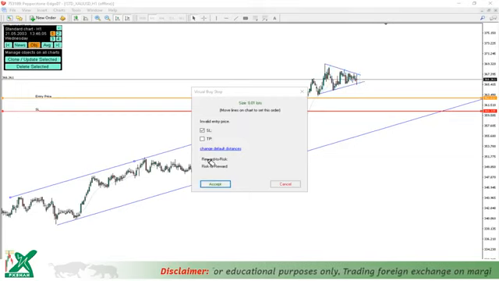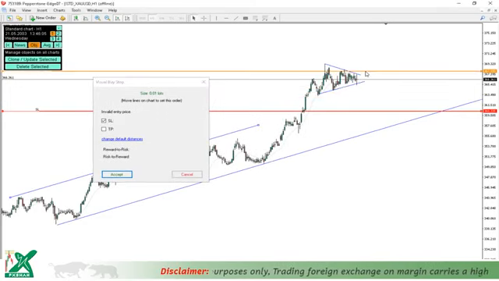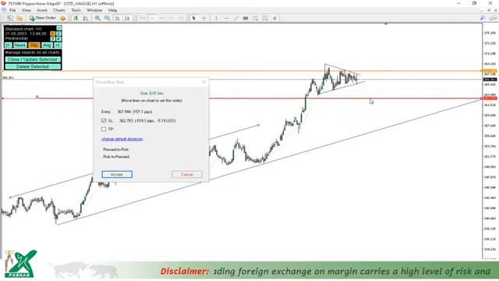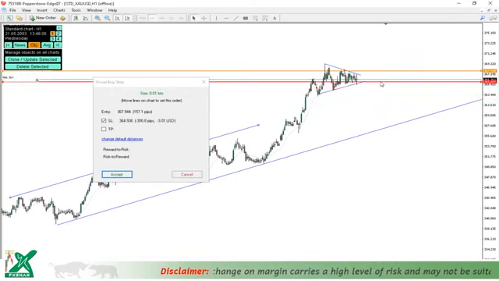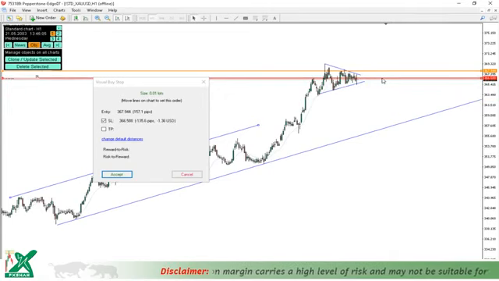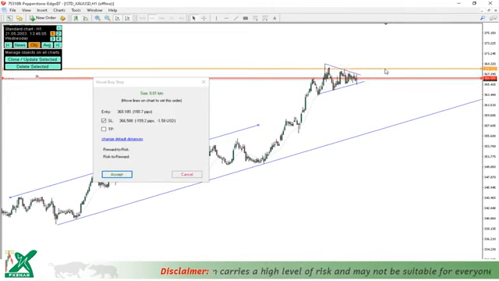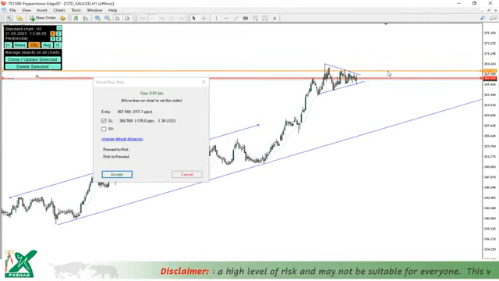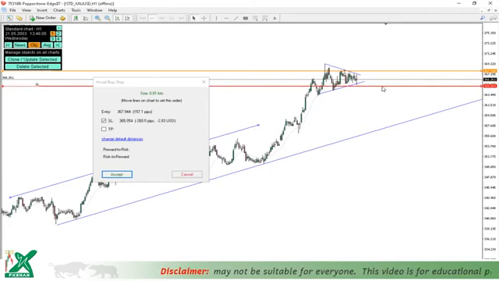In this scenario, we will just wait for the movement to the upside, and our stop loss can be below this area, or we can put our stop loss here after the move. It's totally dependent on your strategy. If we get a breakout, we can expect a move like this.